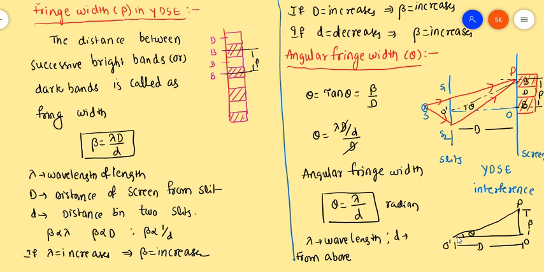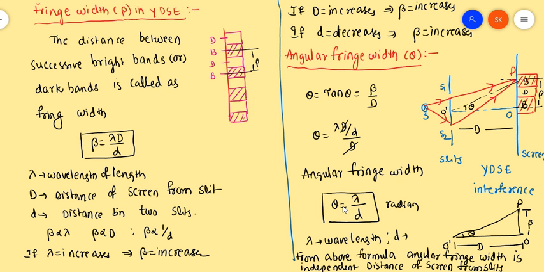But from the above formula, angular fringe width is independent of the distance of the screen from the slits.